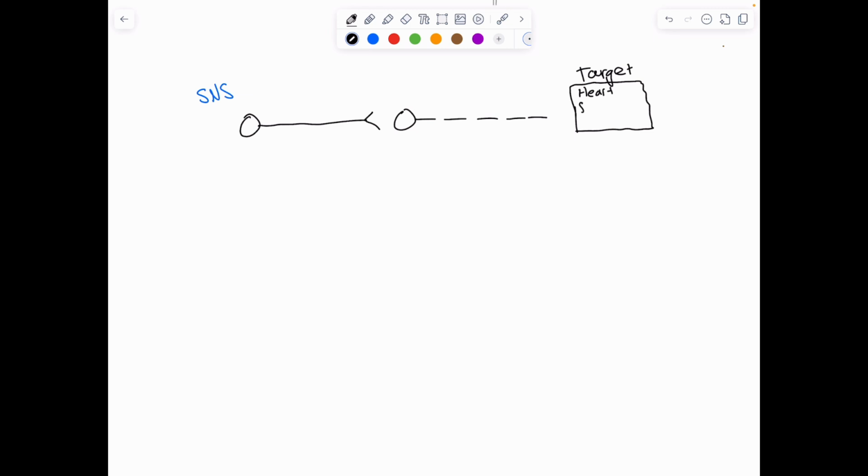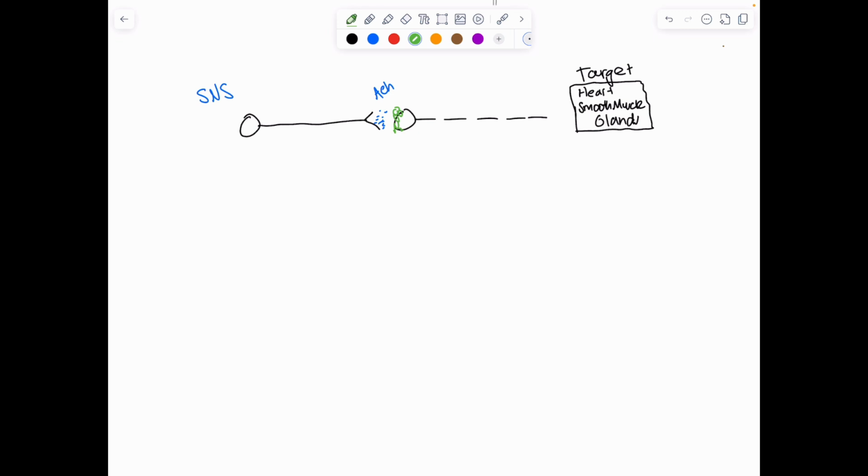smooth muscle, and then glands. So what happens is it goes, and right here, when it synapses, it will release all this ACH, which is acetylcholine, and it'll go, and there's this little channel, which we'll call N2.